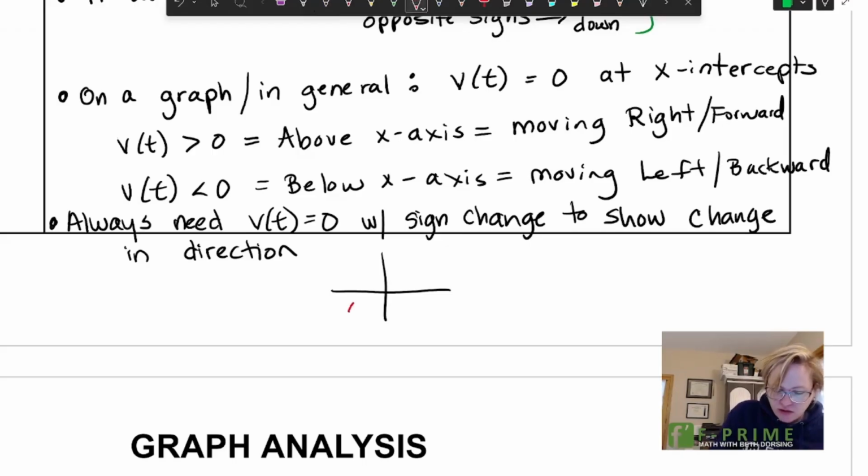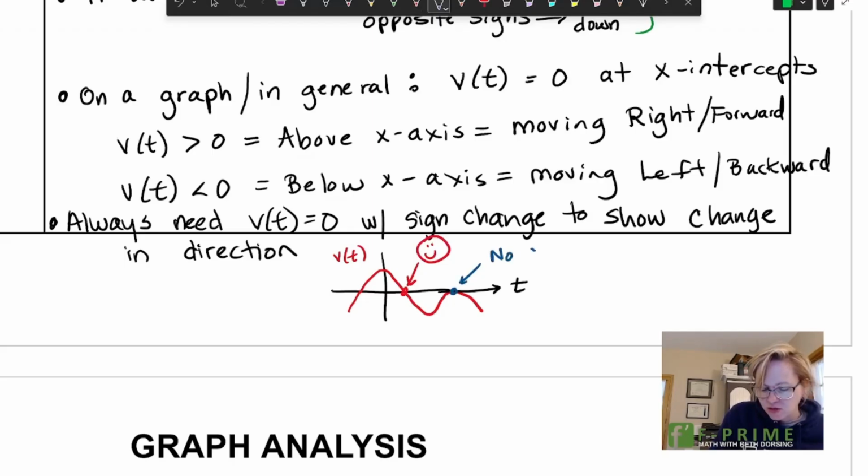So if you have a velocity curve that looks anything like this, and this is t, and this is v of t, you're going to have a sign change here, but unfortunately right here, this is no change in direction.